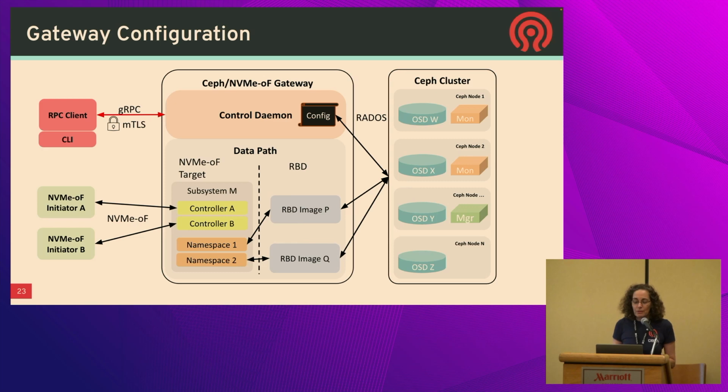So all the configuration is stored in Ceph, in a special object that we call OMAP, object map, and it's a special Redis-like object that allows you to have access to a key-value store. So it's very easy for configuration, and you can also do watch/notify on it, so you get an event when something changed. This way we can even use it later to communicate between the gateways.